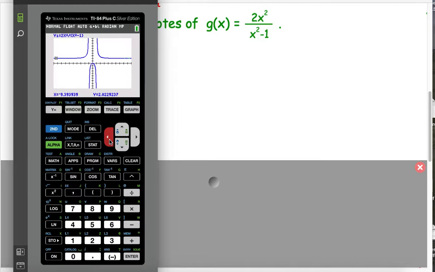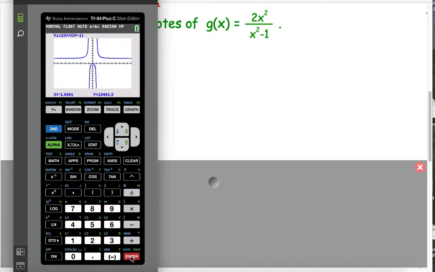And it turns out that sure enough, look at my y values as, let's see, negative 1.0001. The y values are skyrocketing as x approaches negative 1 from the left side. And so it looks like as x approaches negative 1 from the left, our function is going to positive infinity.